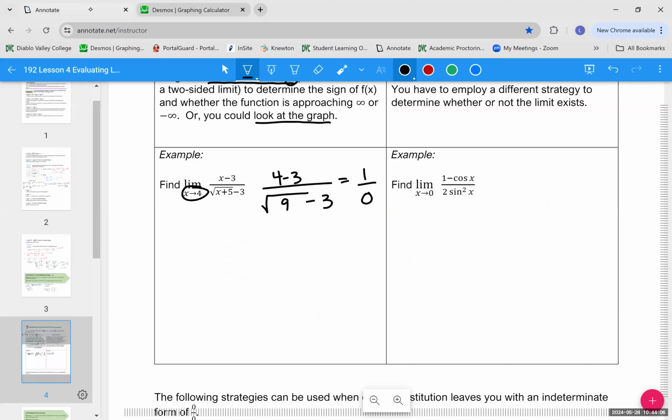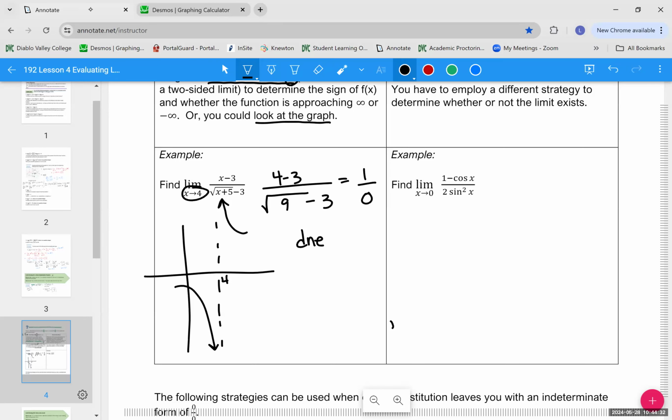Again, it's always a good idea to justify your answer. I don't have to have a beautiful picture, but I did see the function doing something like this. Because it doesn't go to the same type of infinity on either side, I can't actually write that this equals infinity or negative infinity.